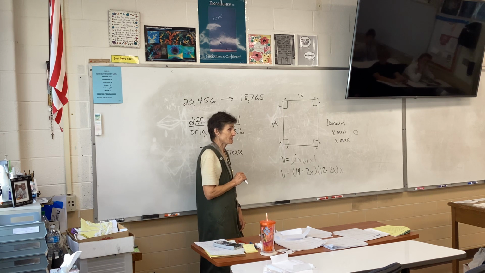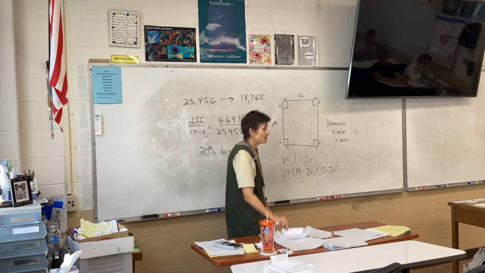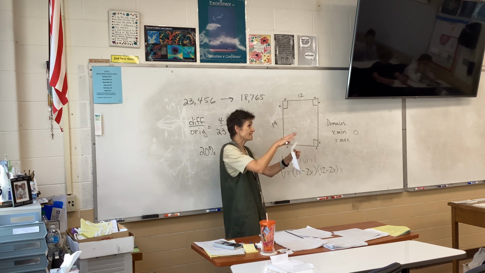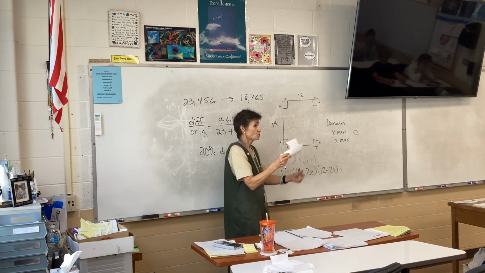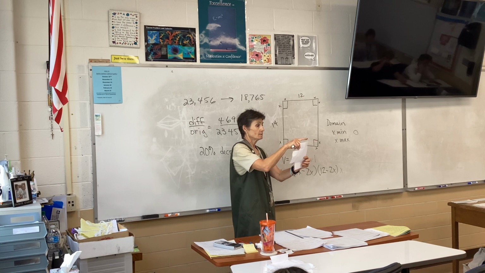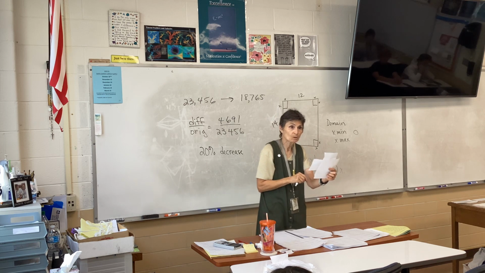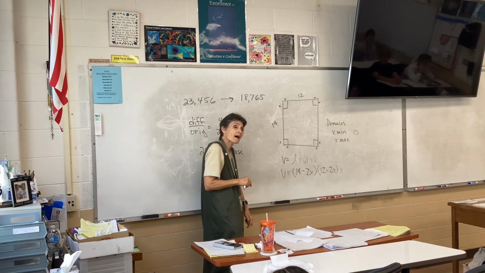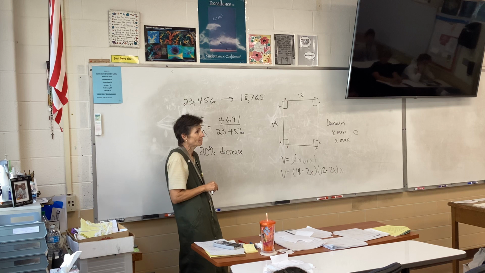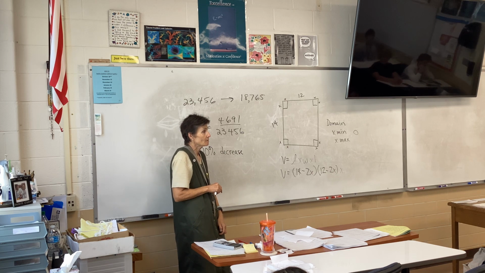Now what about the maximum? Remember, the paper was 12 by 14 to start with. So could I rip off 20 on this side and 20 on this side? No, I've only got 12 by 14 to work with. So what is the absolute biggest I could rip off? Now think about that.